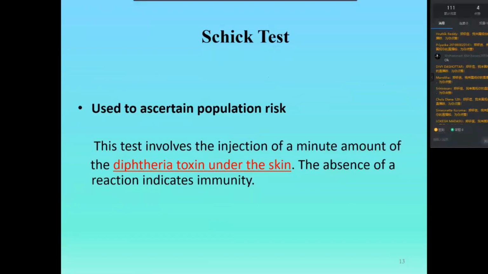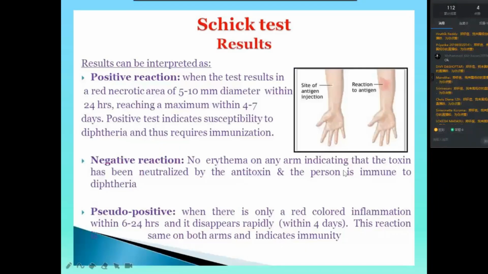The Schick test is another test to evaluate whether an individual is immunized or not, so that we can ascertain the population risk. So this is carried out like this. You inject a little amount of antigen underneath the skin.